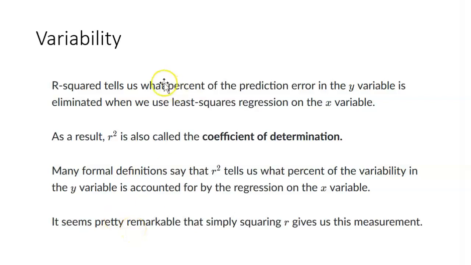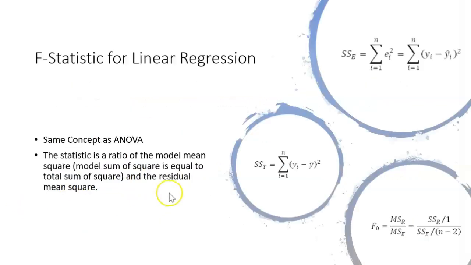So again, R squared is a value that tells us what percentage of the prediction error in the Y is eliminated when we use the least squares regression on the X variable. So this is again called the coefficient of determination. And it's pretty remarkable that just by simply squaring R gives us such a measurement.